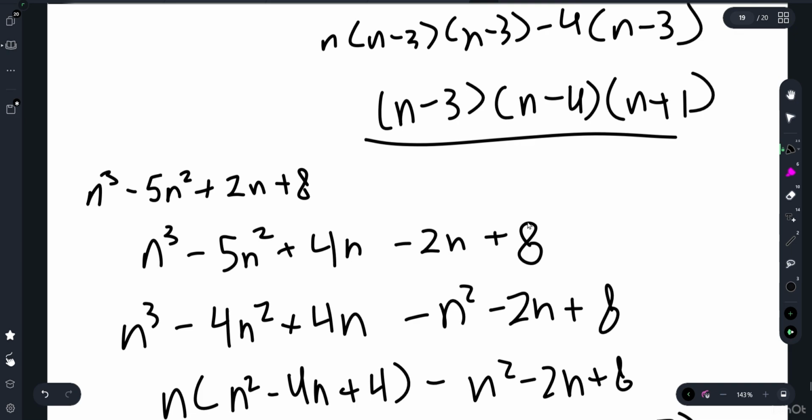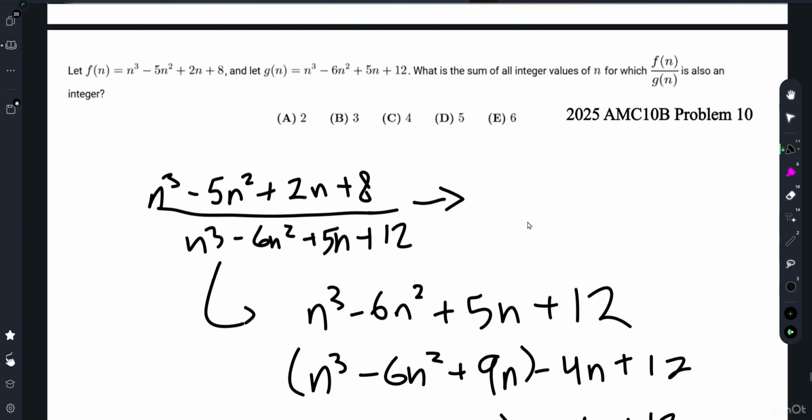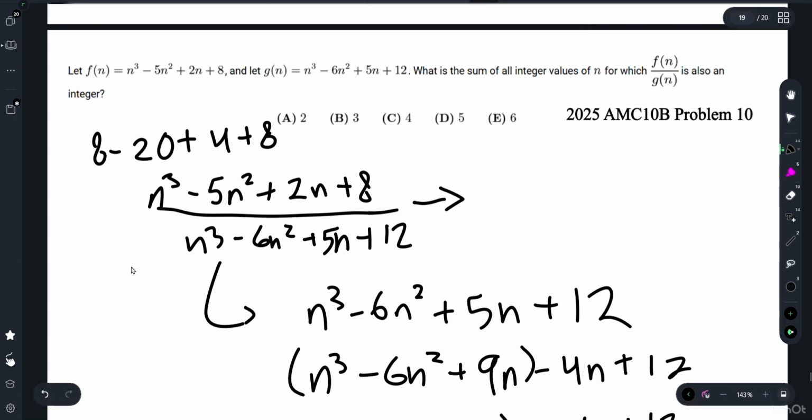Now, let's put it back into our original equations just to make sure they work out. So if we put n is equal to 2 into f of n, we have 8 minus 4 times 5, which is 20, plus 4 plus 8, and that's equal to 0. So sure, that works for the top, but now let's try g of n.